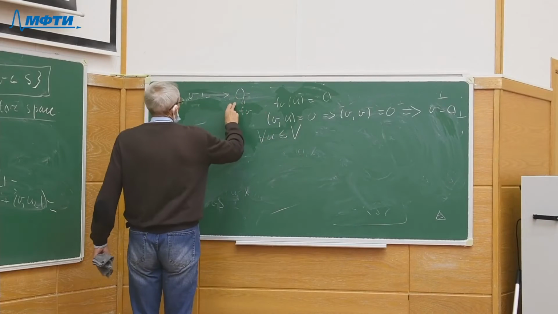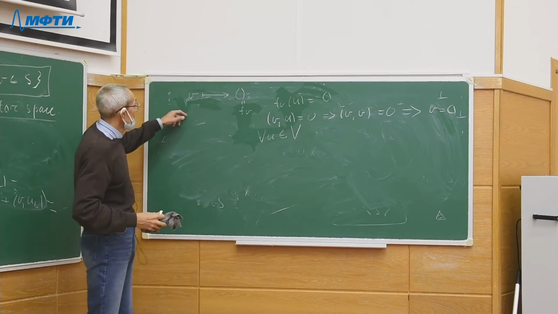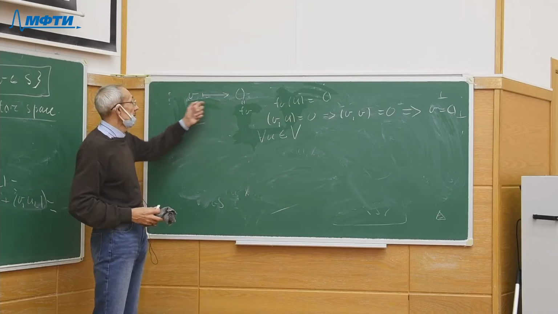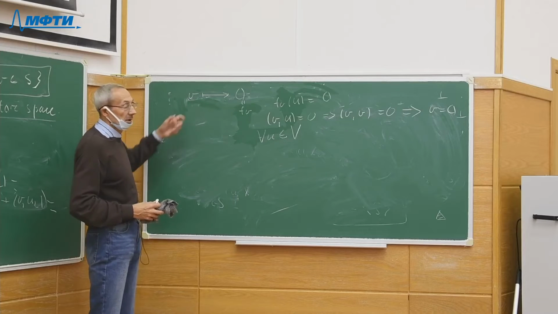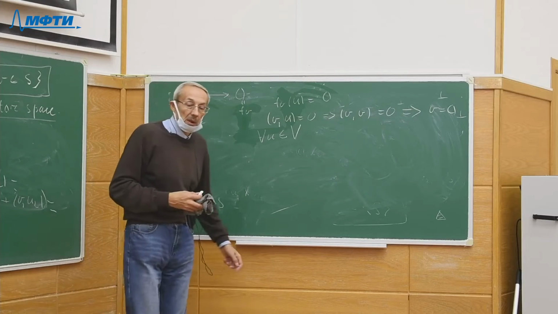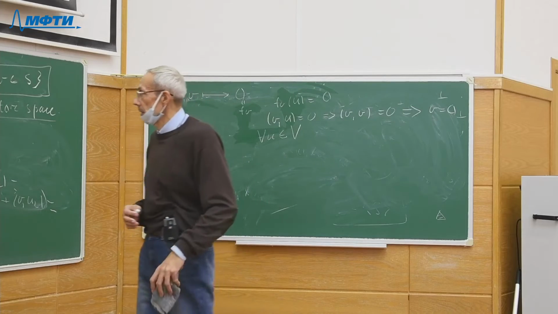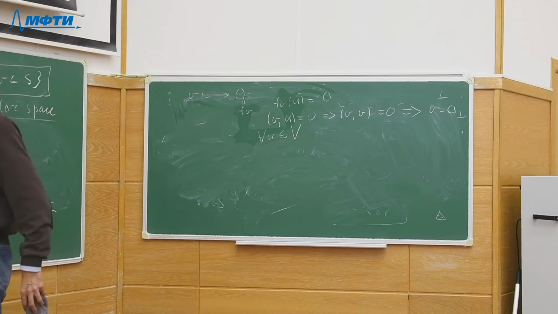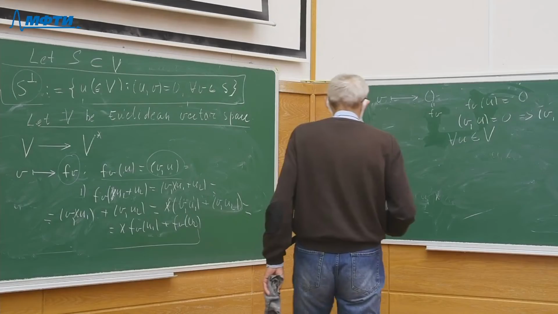So if this assignment assigns the zero functional to some vector v, it means that v is equal to 0. It means that this assignment is an injective mapping from V to V star.